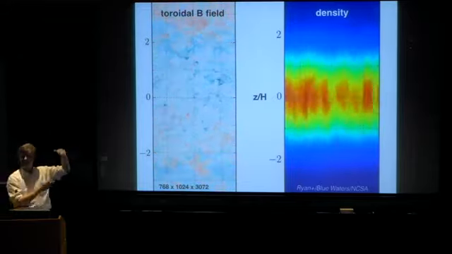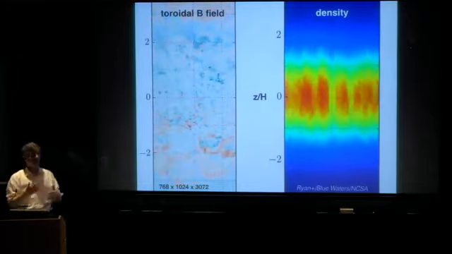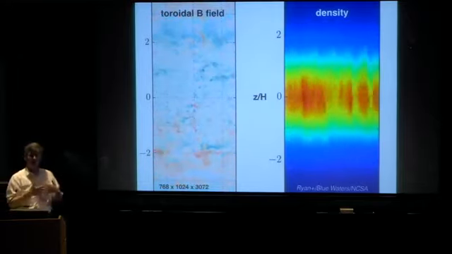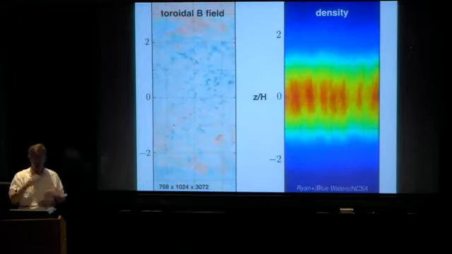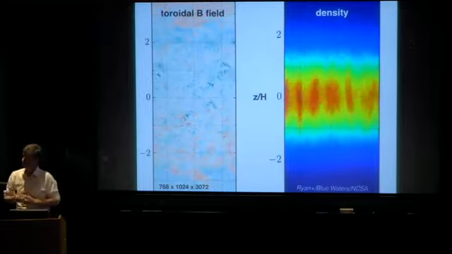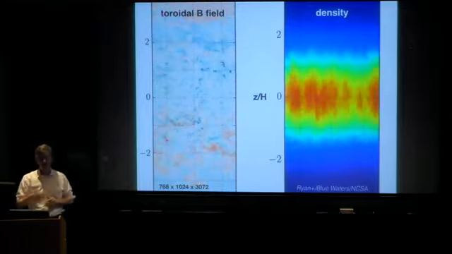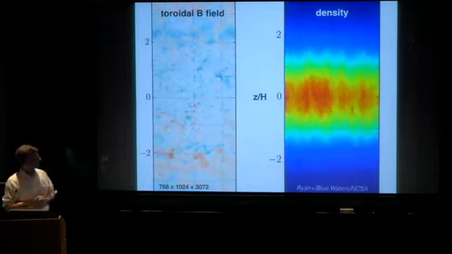We put a little field in the initial conditions, turn it loose, and it develops into turbulence, and the turbulence produces a stress that transports angular momentum outwards. And in this case, the turbulence is driven by the magnetorotational instability, which was brought into accretion disk theory by Balbus and Hawley.